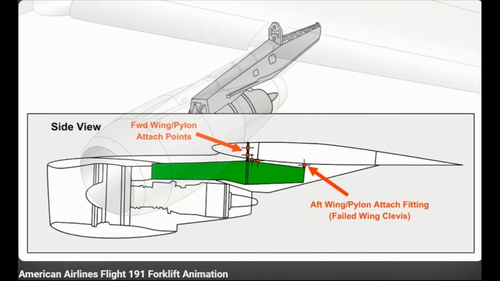The wing pylon attachment points are shown in this illustration. The engineering work order for removal and replacement of the wing pylon assembly required removal of the forward attachment fittings, followed by removal of the aft attachments. When difficulty was encountered removing the forward fittings, maintenance personnel reversed the sequence and removed the aft fittings first, which facilitated removal of the forward fittings.